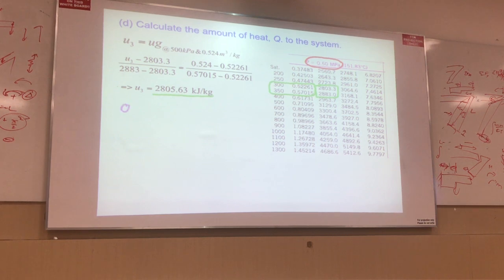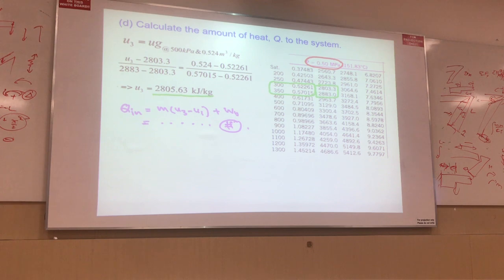Q in becomes, what is the equation? Tell me. Q in becomes m times U3 minus U1 plus boundary work. Done. Okay? And boundary work we calculated before. You substitute the values, then you can find the answer. You do it by yourself.